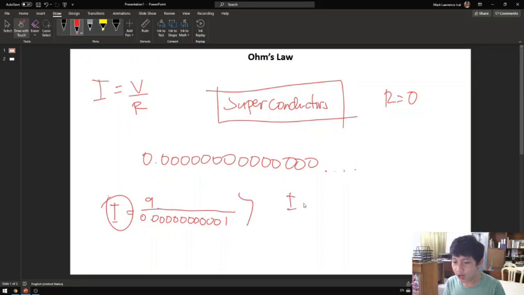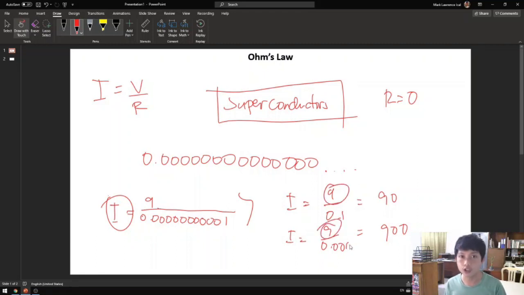Let me help you break that down. For example, I equals 9 divided by 0.1, which is equivalent to 90. When the resistance is 0.01, basically you have 900. Imagine every time you increase the number of zeros in the decimal places, you're making the result very large as well.